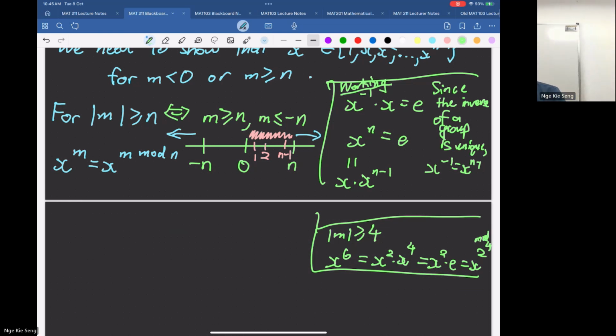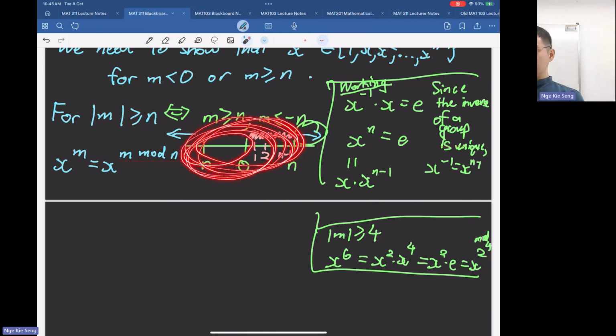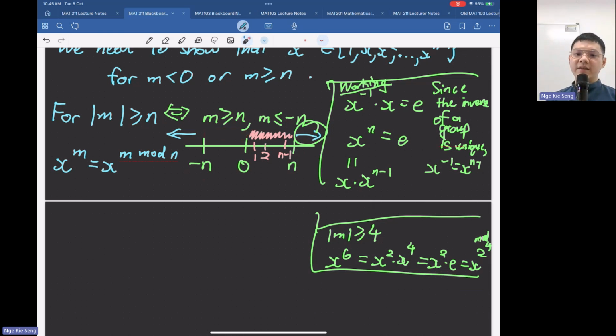Yes. So I reduce all the cases that are larger than n and less than minus n to the region between minus n and n. All the elements are reduced to the cases between minus n and n. So what's left to settle? The only thing we need to settle is the negative integer interval here. So how do we deal with these?